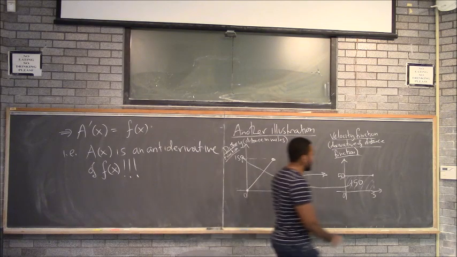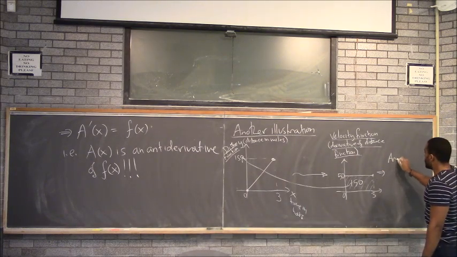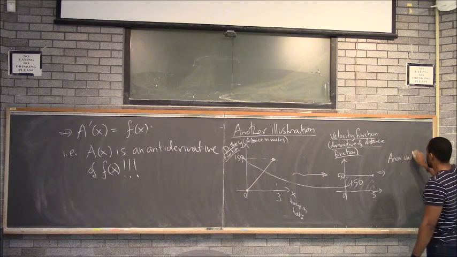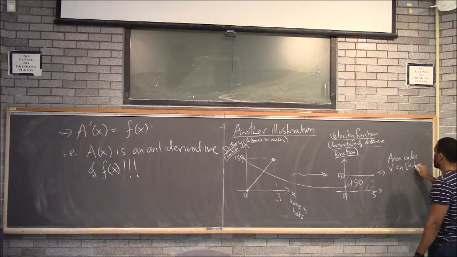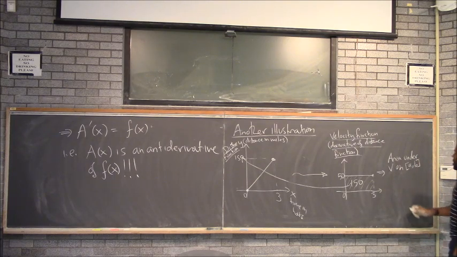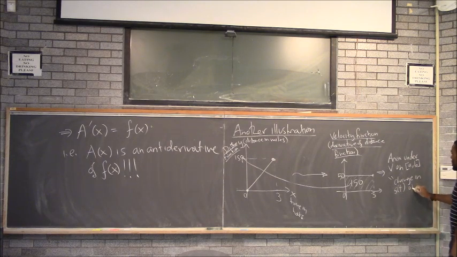In other words, we ended up in a situation where the area under V on some interval, specifically 0 to 3, was equal to the change in the position function on the interval.